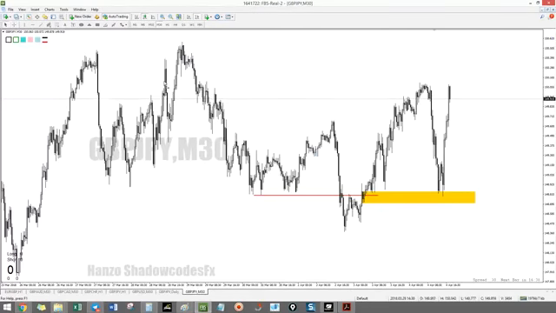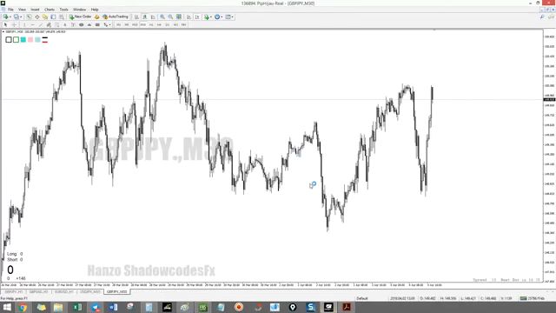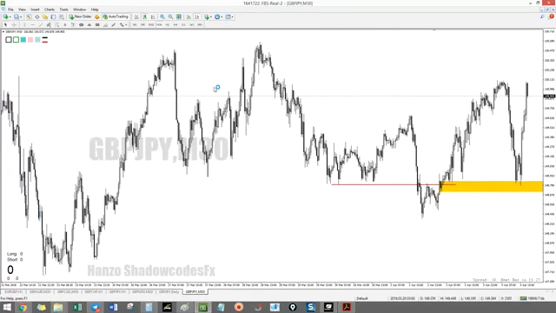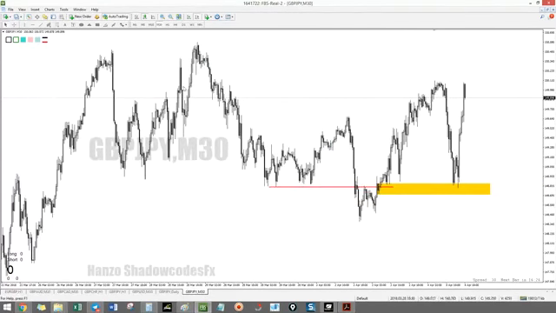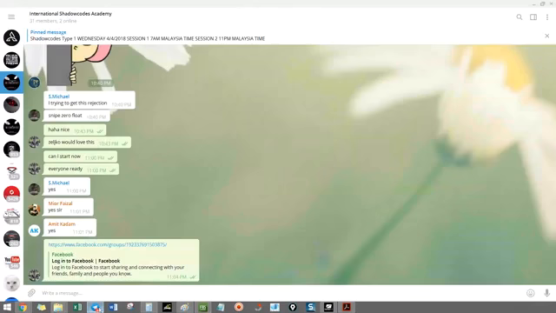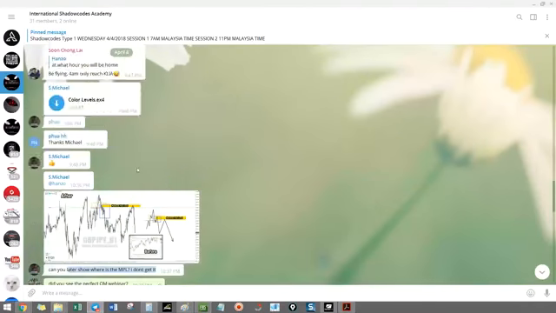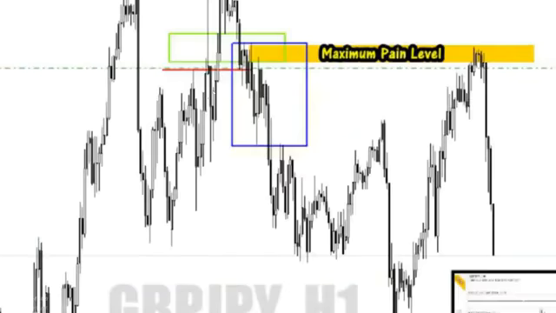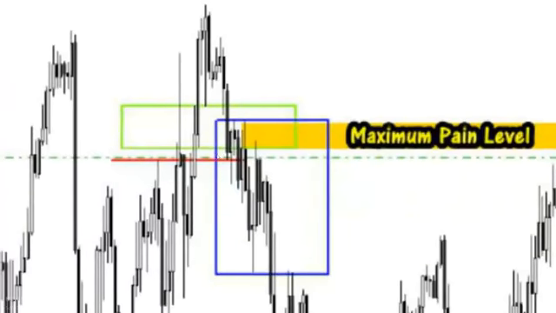Is this a fake candle? What happened here?